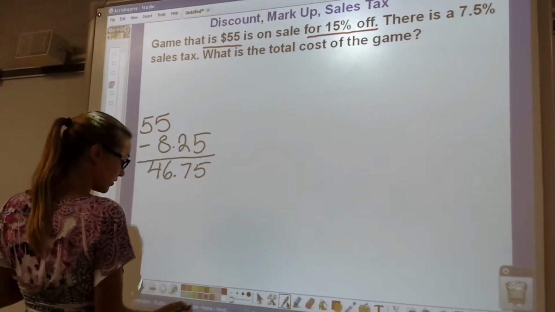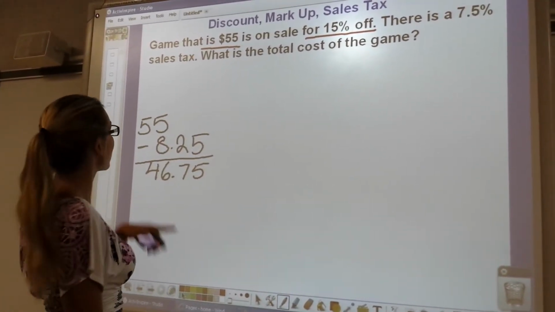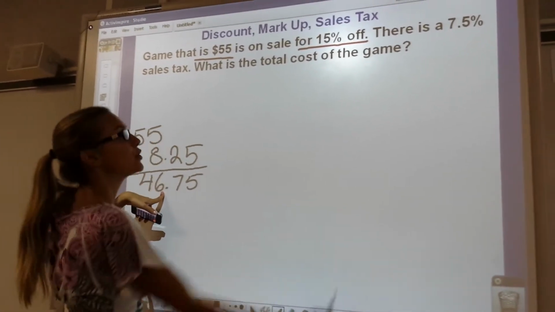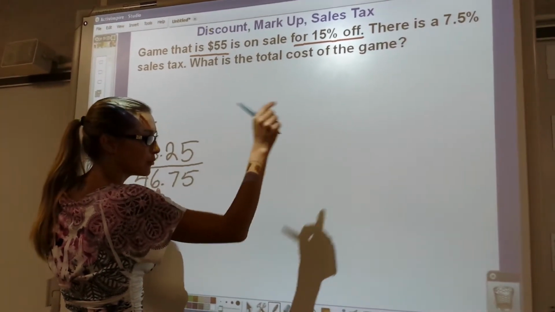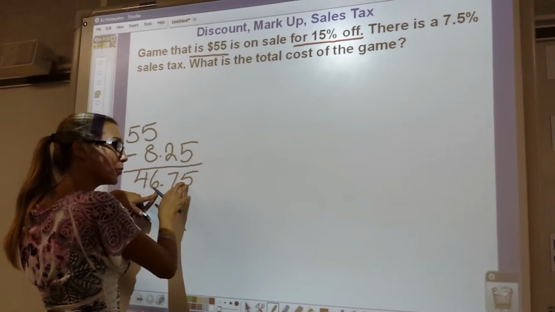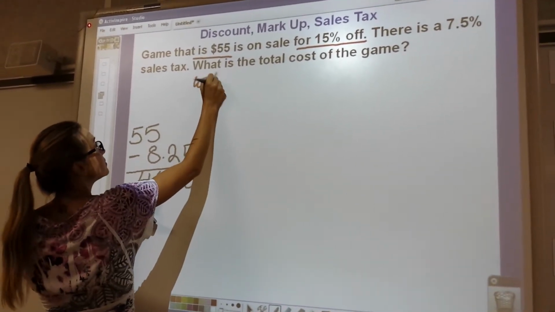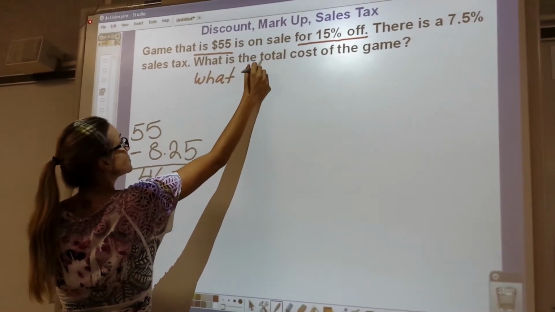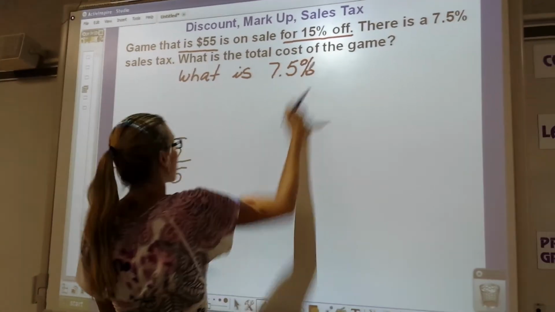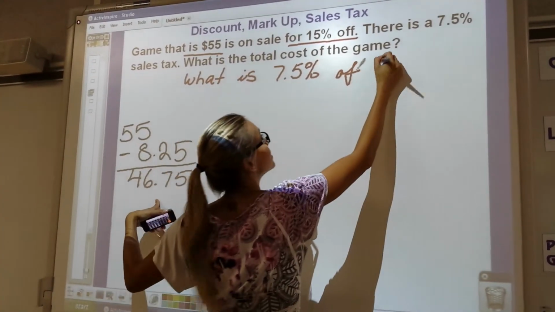My new question is, what is 7.5% out of 46.75? Because I need to know what is the 7.5%. Not the percent, I want to know as a regular number, money. So let's look. What is 7.5% of 46.75?